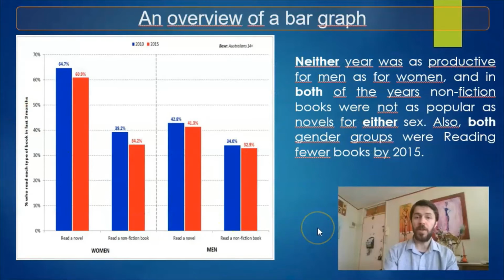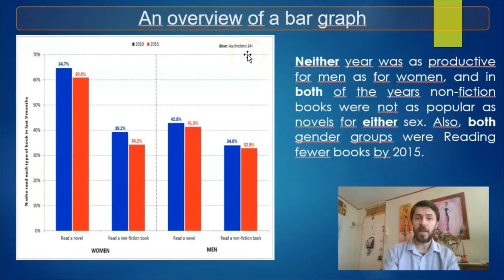Okay, so here you can see we have a bar graph. This bar graph is on reading habits for women and men, or let's say rather, women or men or teenagers. So it's in Australia, Australians 14 years or over the age of 14.